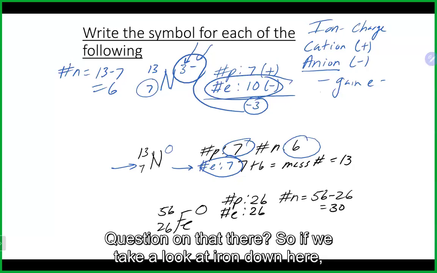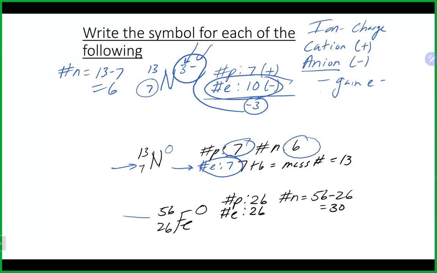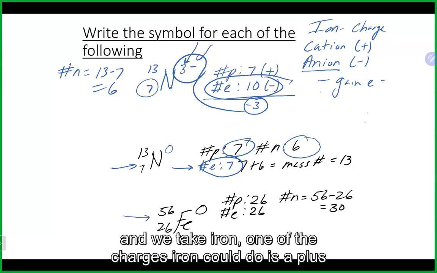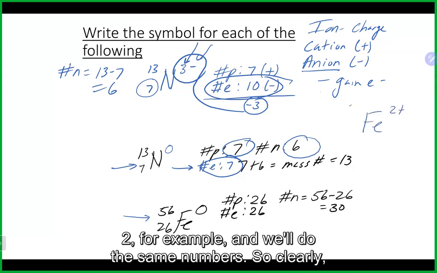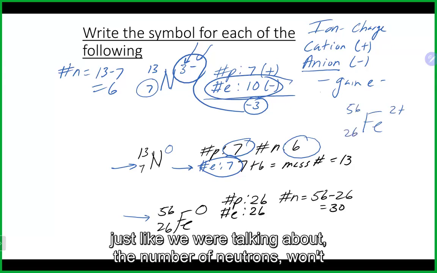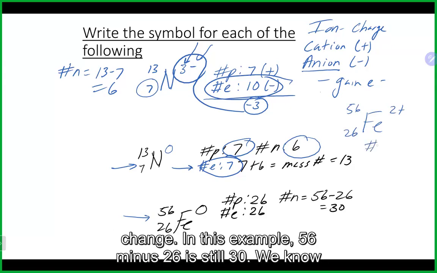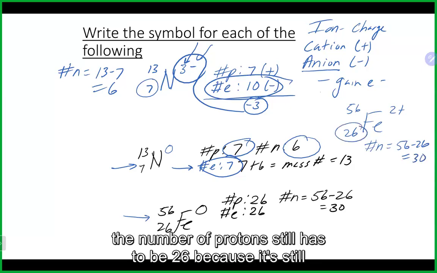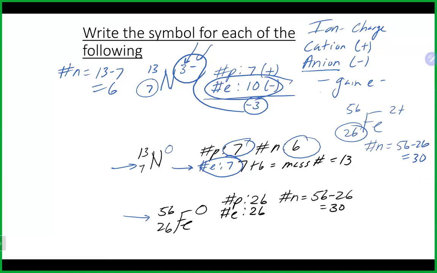Question on that there. So if we take a look at iron down here, one of the charges iron could have is +2, for example, and we'll do the same numbers. Just like we were talking about, the number of neutrons won't change in this example. 56 minus 26 is still 30. We know the number of protons still has to be 26 because it's still iron.